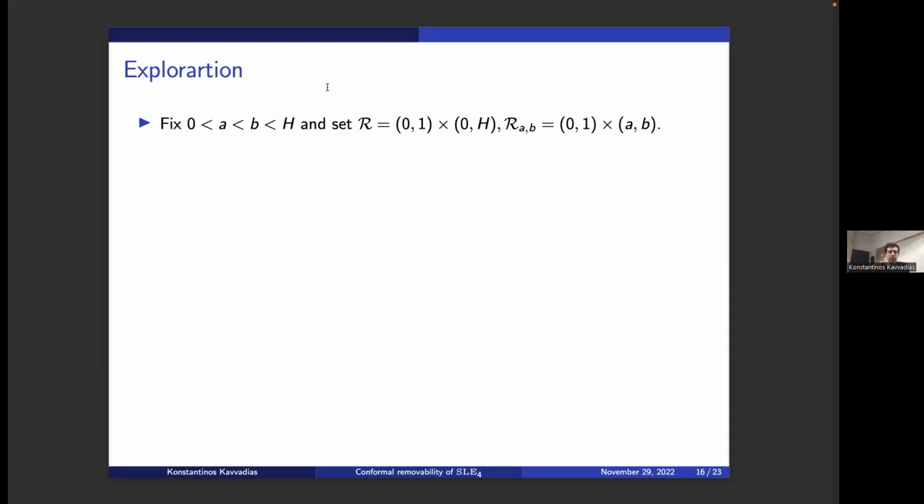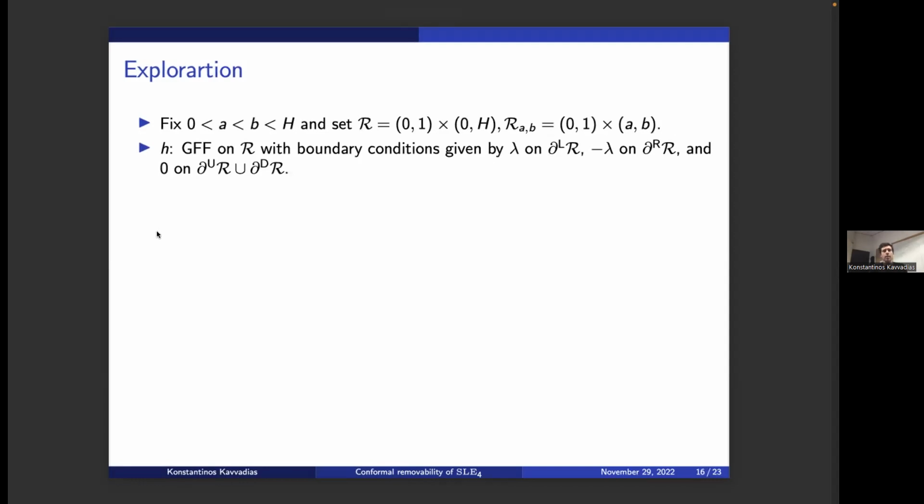Here we just fix a rectangle of size 1 by h, where h is a fixed positive number. And we consider a rectangle whose upper and lower boundaries are bounded away from the upper and lower boundaries of the original rectangle. This is the rectangle in which we are going to consider the exploration, which discovers plenty of crossings.